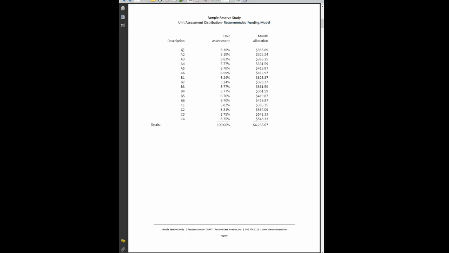In this case, it's just the unit name, A1, the percentage ownership, and then their monthly allocation from this total recommended amount. It could also be a square footage amount that's inputted here instead of a percent ownership. Every community is a little different, so it's based on what information we're provided, and how it's broken down to us is how we're going to report it on this page.